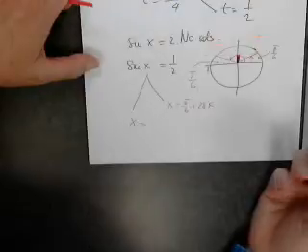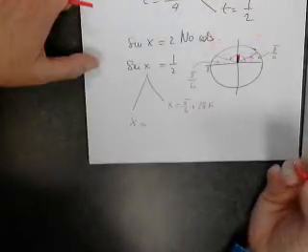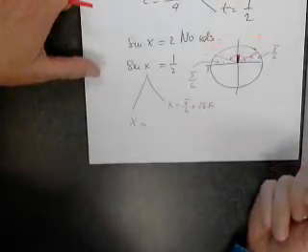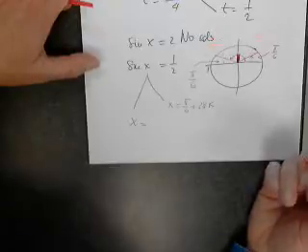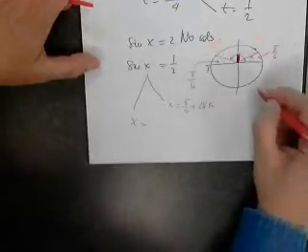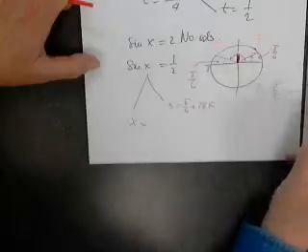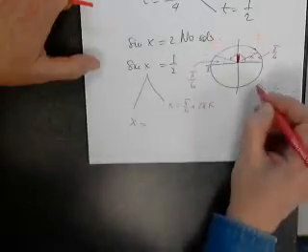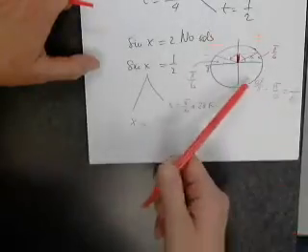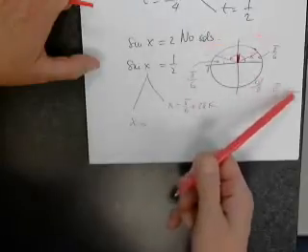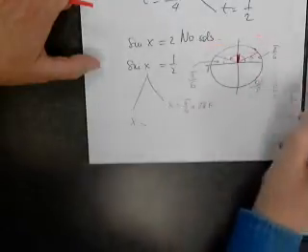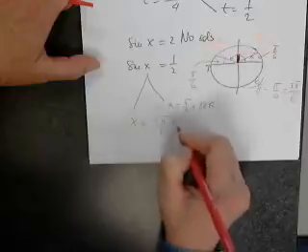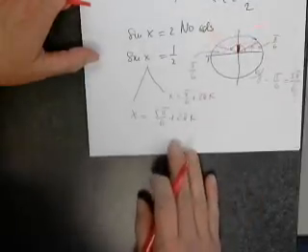So pi minus pi over 6 is, okay, pi minus pi over 6. I need the least common denominator, which is 6. I multiply this one by 6. 6 pi minus pi is 5 pi. So 5 pi over 6 plus 2 pi k.